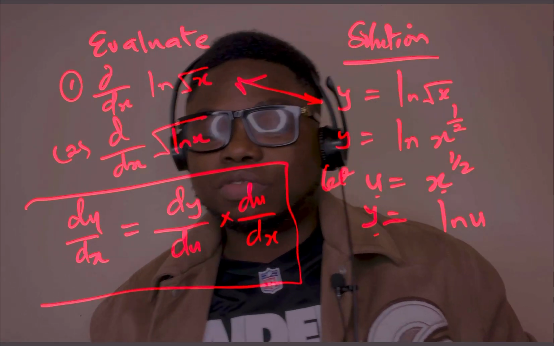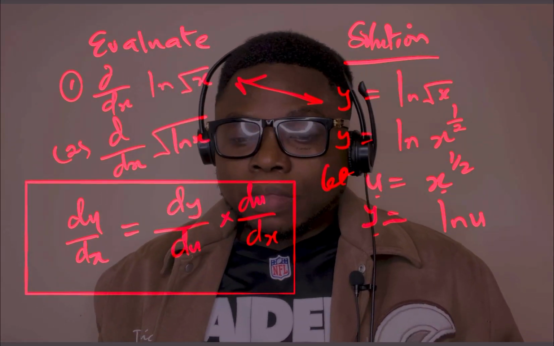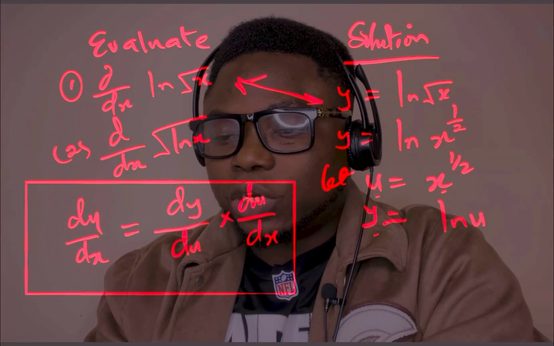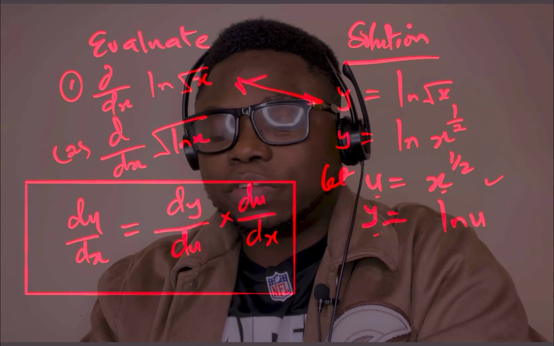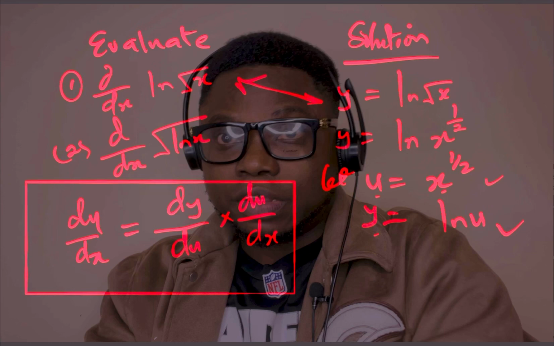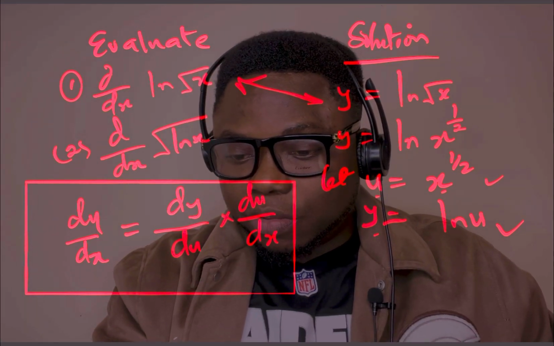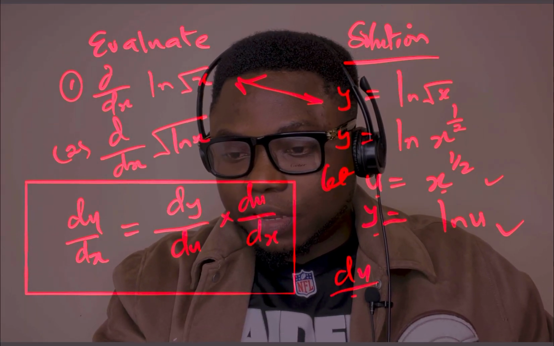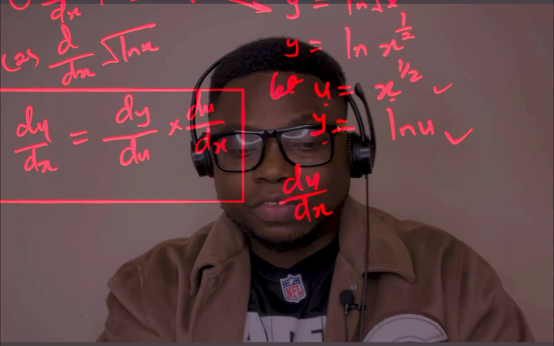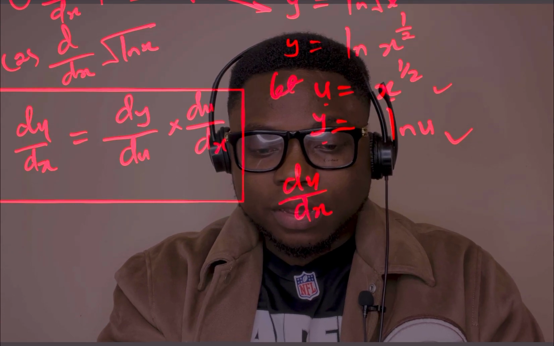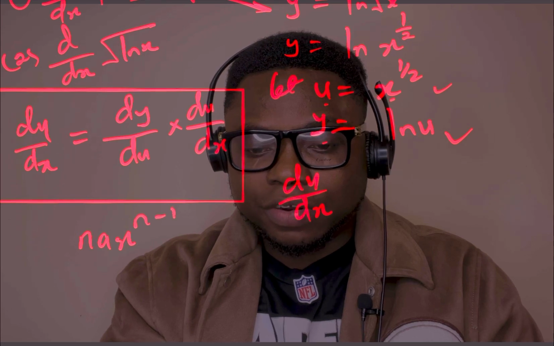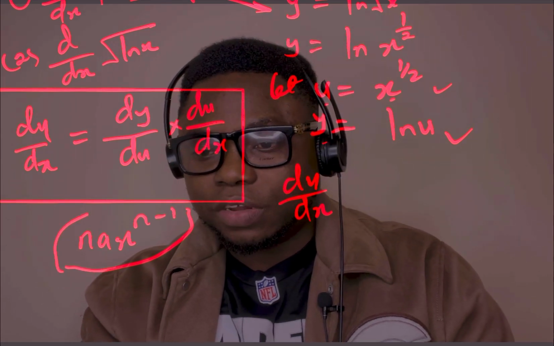Because we are dealing with three variables here, I'm going to differentiate the first one, like I said, then the second one, and multiply. So finding the derivative of u with respect to x, I'm going to have du over dx. Using the formula for differentiation, which is n a x raised to the power of n minus 1, I'm going to use it to differentiate this.